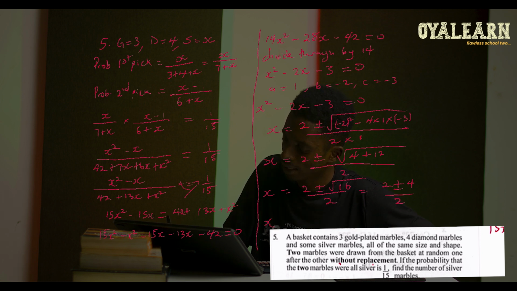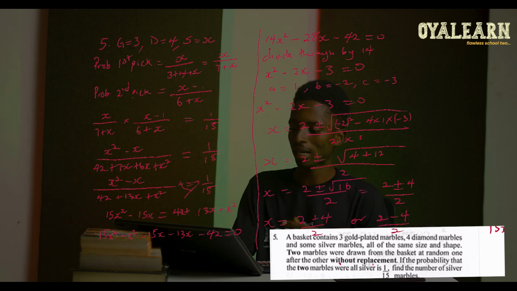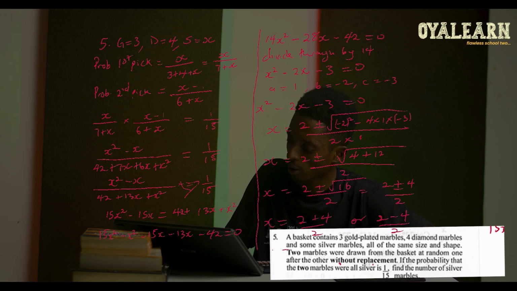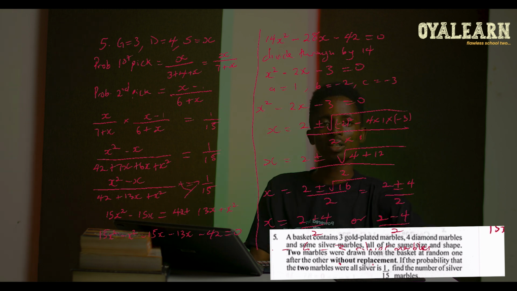Therefore, x equals 2 plus 4 over 2, or 2 minus 4 over 2. Now, since we cannot have negative numbers of marbles, we're going to use the plus side. So the number of silver marbles becomes 2 plus 4, which is 6, over 2, which would give us 3. So we have 3 silver marbles. And that's all the questions in section A.